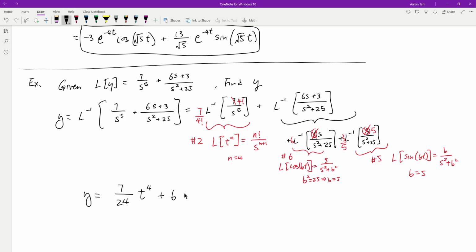So this is cosine 5t, plus 3 over 5. And now the last one matches b over s squared plus b squared, with b equal to 5, so that becomes sine of 5t.